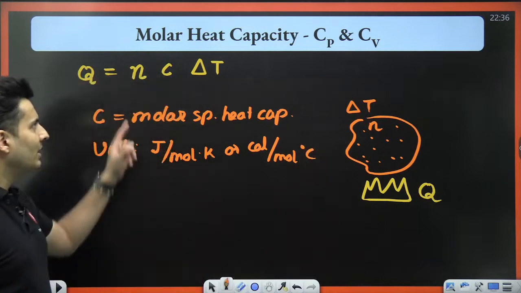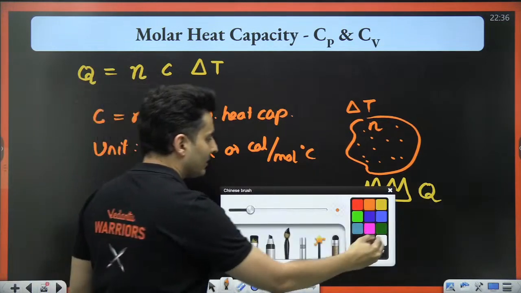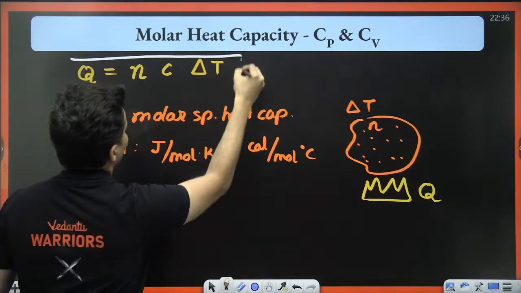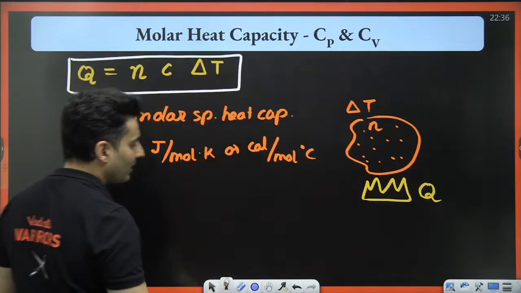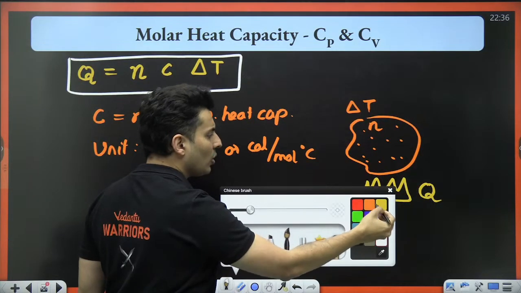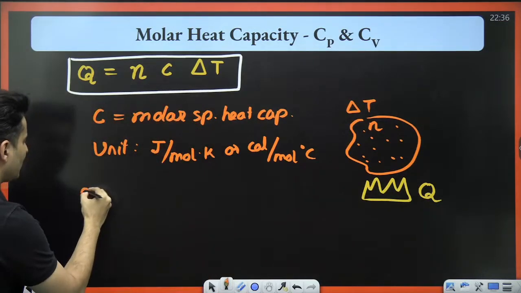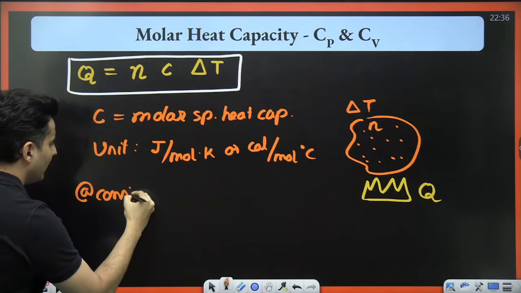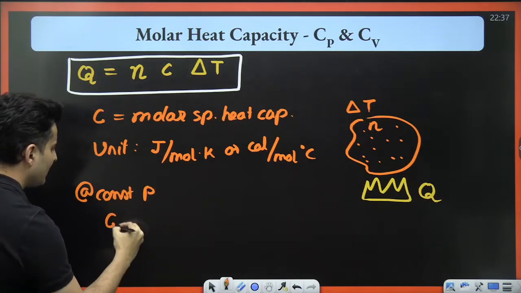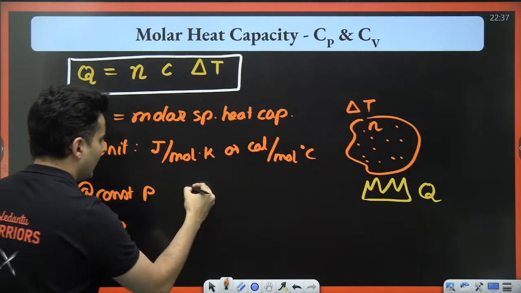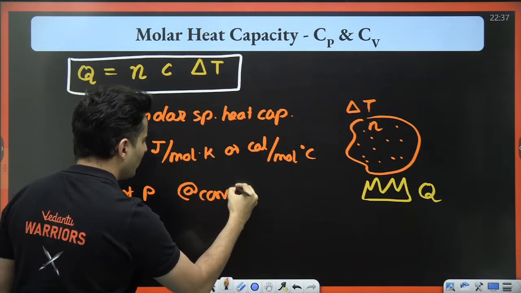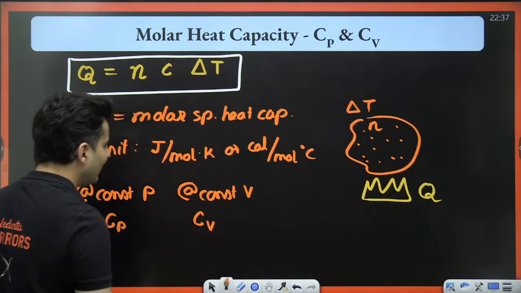That is your C value, which is molar specific heat capacity. And it also depends on how you are heating it. We have already seen that at constant pressure, Cp is used, and at constant volume, if you heat it, then you will use Cv.